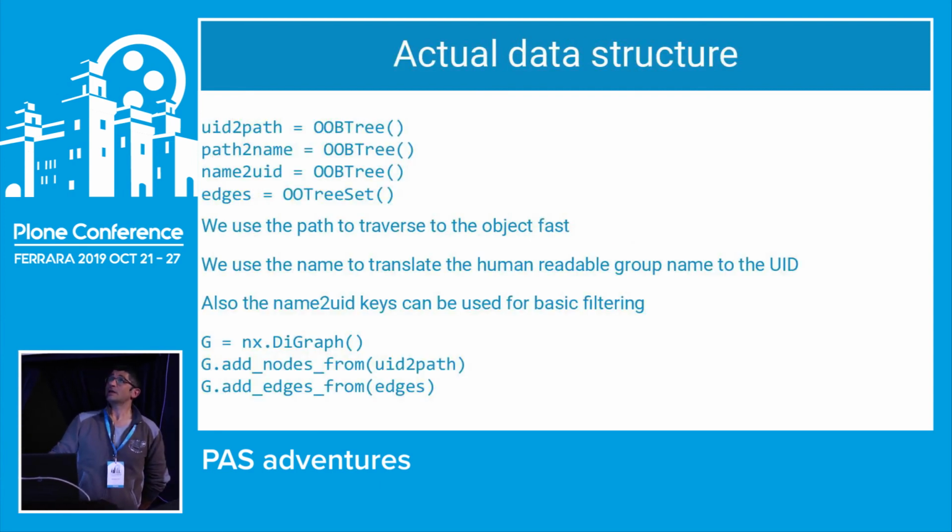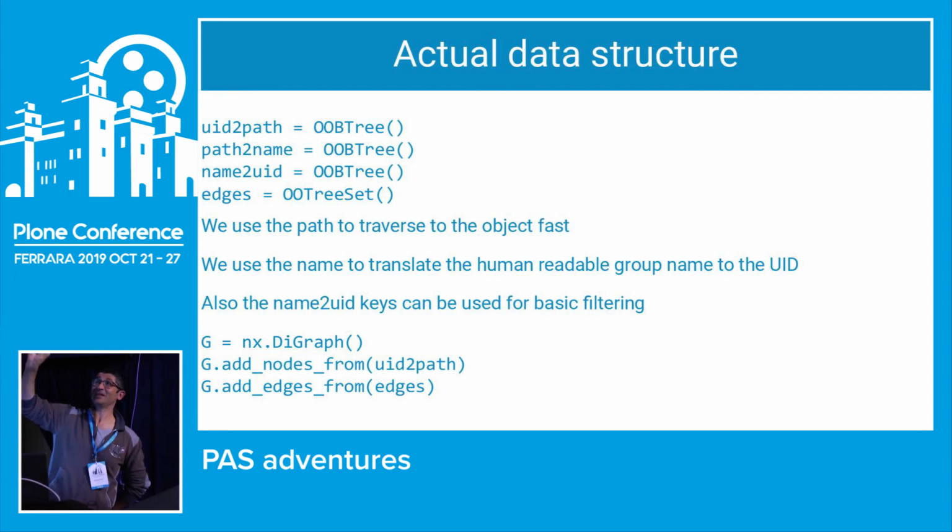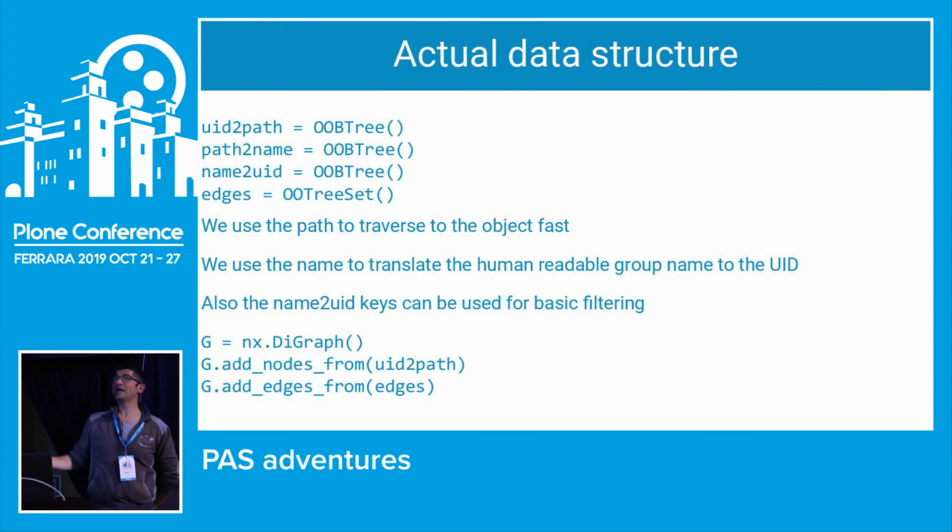The actual data structure where we stored the nodes was this one, which is actually a B-tree, a mapping between the node UID, so the principal type, the object UID, and it was pointing to the path of the object.